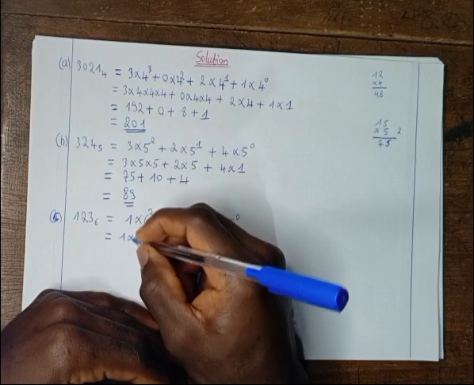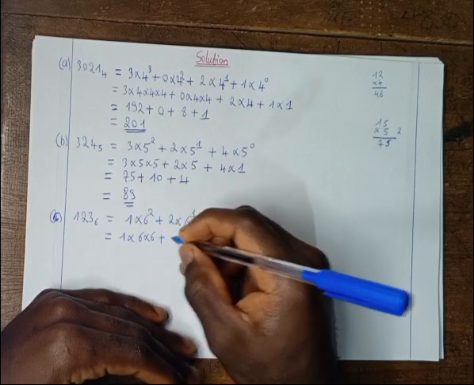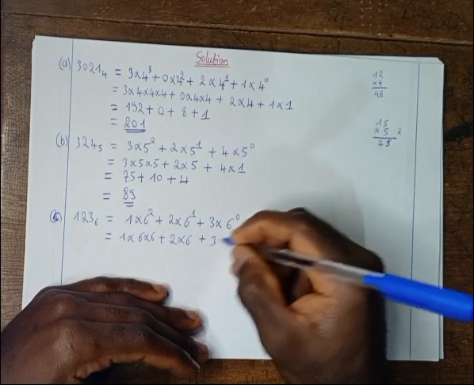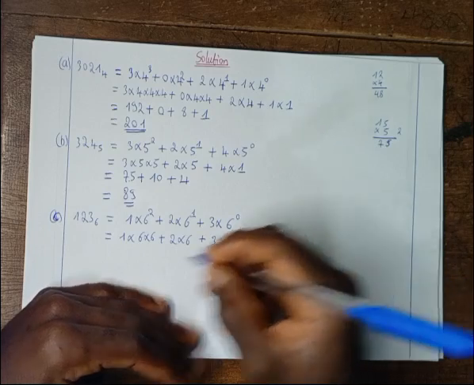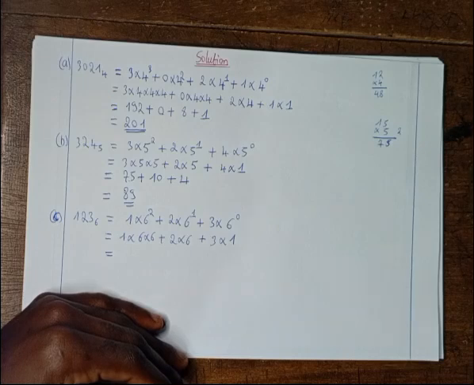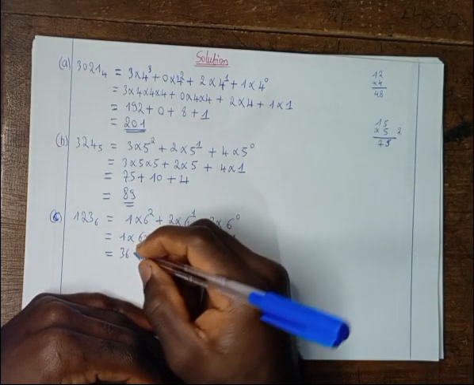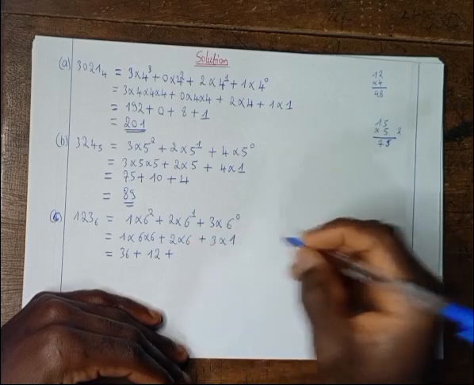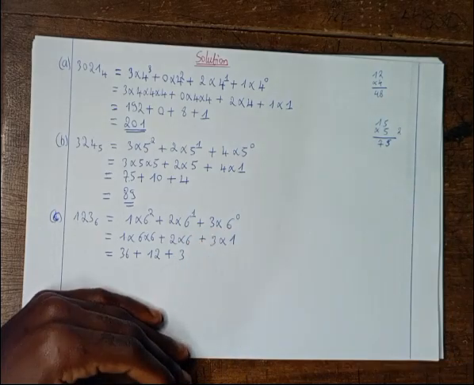This will simply be equal to 1 times 6 squared plus 2 times 6, 6 to the power 1 is 6, plus 3 times 6 to the power 0 is 1. This will give us 1 times 6 times 6 gives us 36, plus 2 times 6 gives us 12, plus 3 times 1 remains 3.